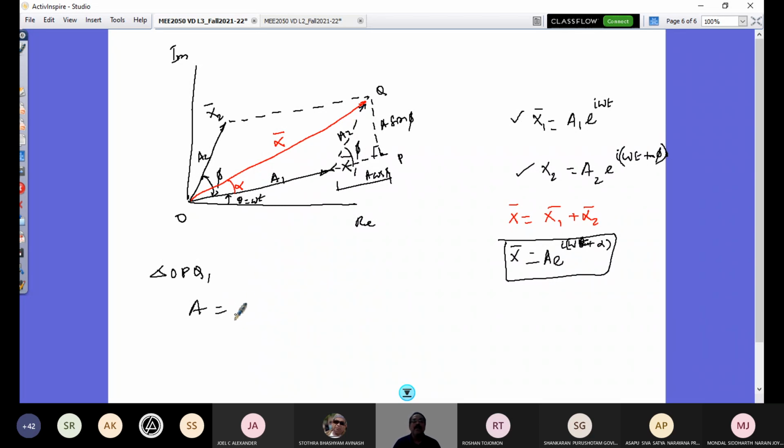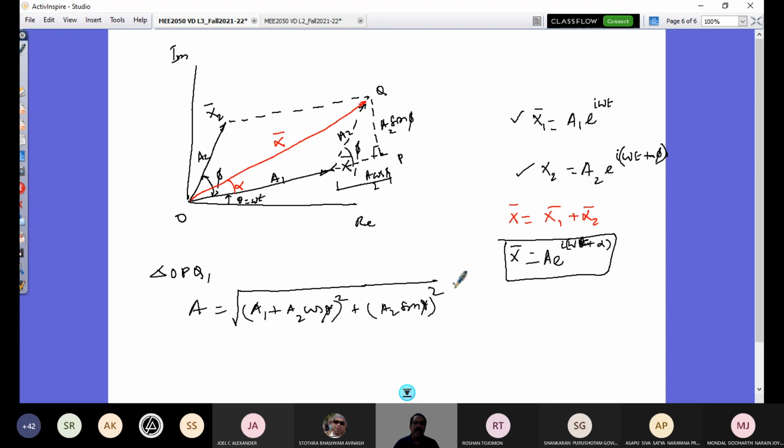So this A would be given by, under root of, because of this right angle triangle, I have here this amplitude, the length drawn with an amplitude, so A1 plus A2 cos phi whole square plus A2 sin phi whole square.